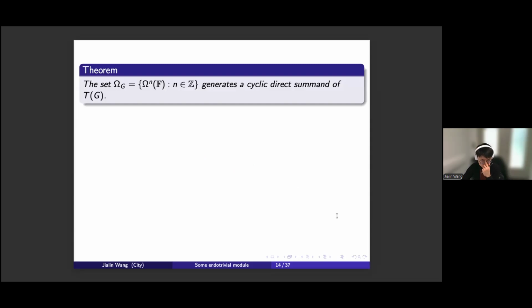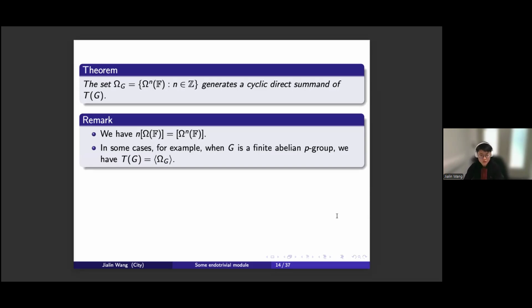Okay. So one important result says that Omega G, which is the syzygy of F, generates a cyclic direct summand of TG. I should point out that it doesn't say whether it's a finite summand or an infinite one, so it could be both. It could be a finite cyclic group or an infinite cyclic group.